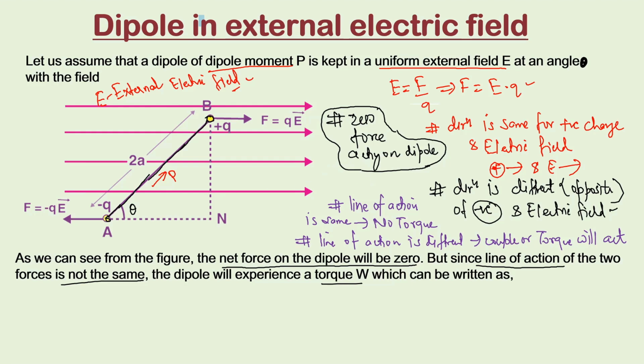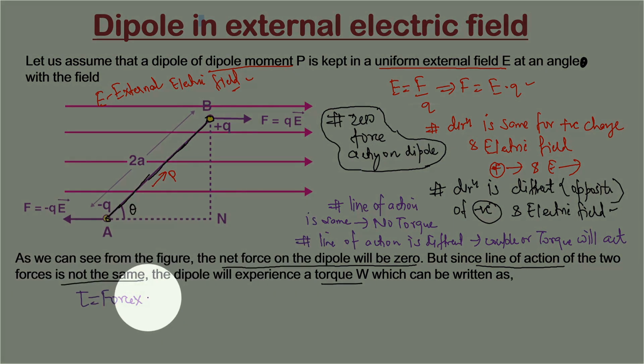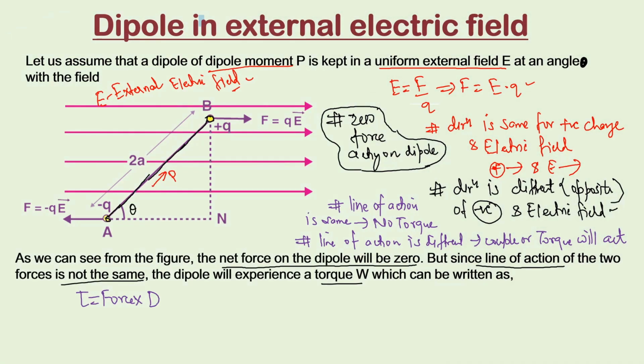Now further, let us see the expression of the torque. As we know, torque is equal to force into perpendicular distance. Here the force is F equal to QE, and we need to find the perpendicular distance.